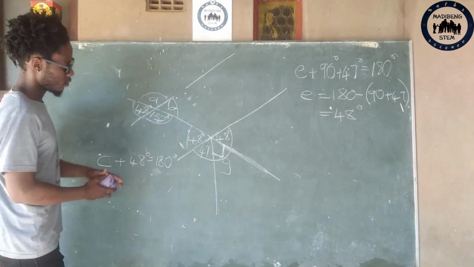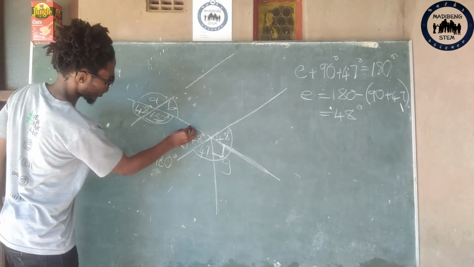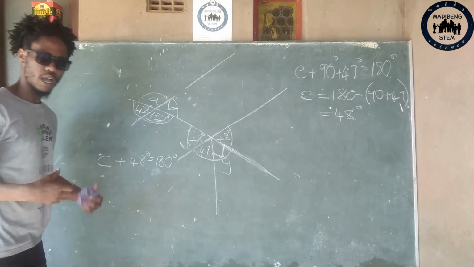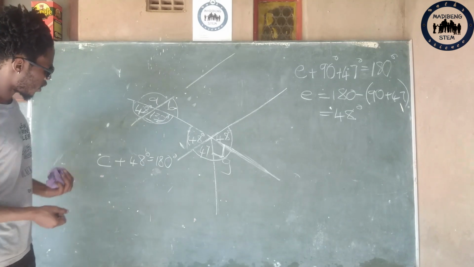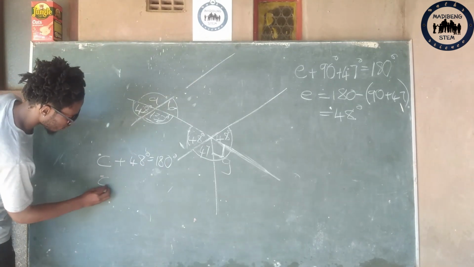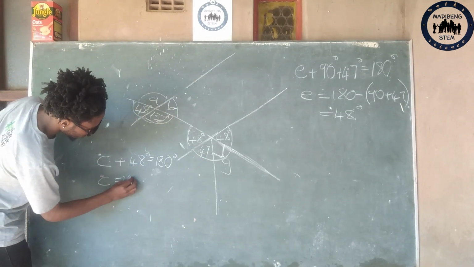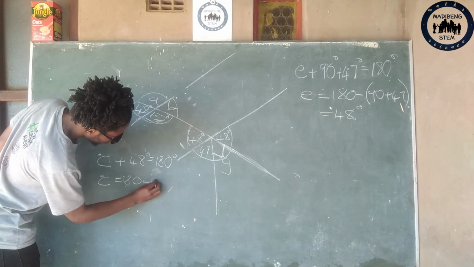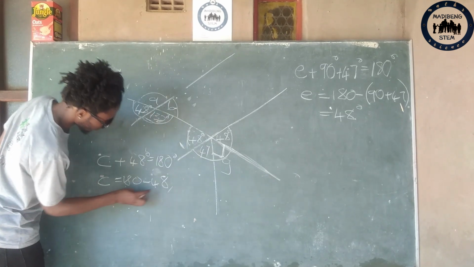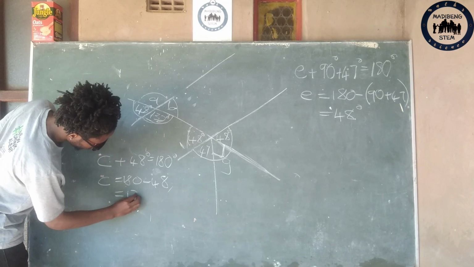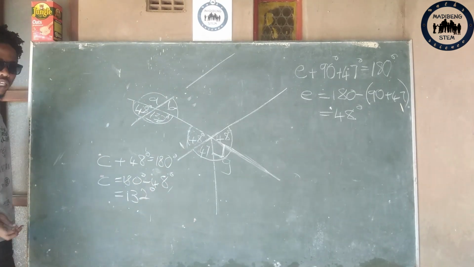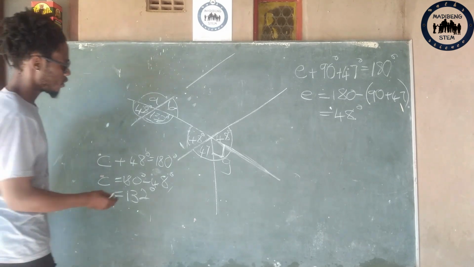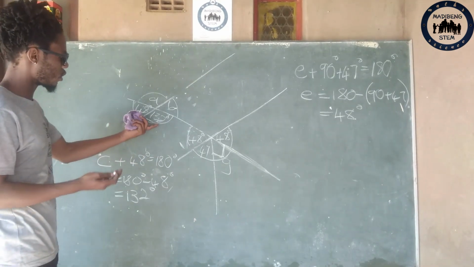Because this angle and this angle, this one and this one, are co-interior angles. When you add them, they give you 180 degrees. So now we will subtract 48 from 180, it gives you 132 degrees. The very same answer we got here, guys.